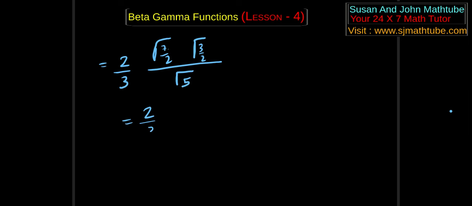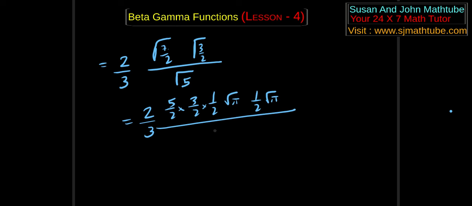And that is 2 by 3, 5 by 2, and 3 by 2, 1 by 2 root pi, and 1 by 2 root pi, the whole divided by gamma 5, that means 4 factorial. So now you can simplify this and check if the answer is 5 pi by 192.